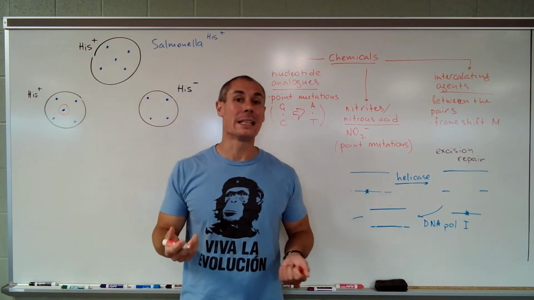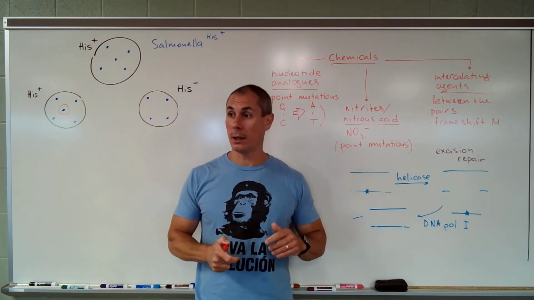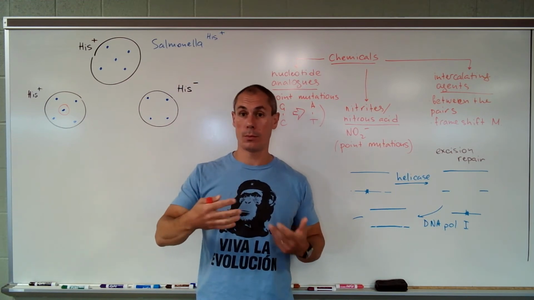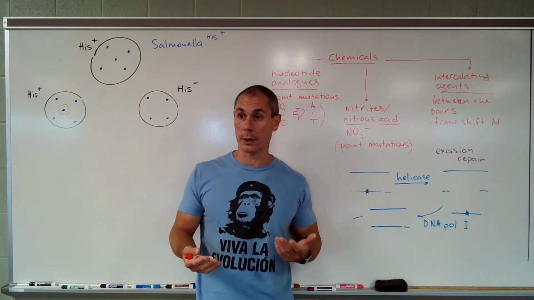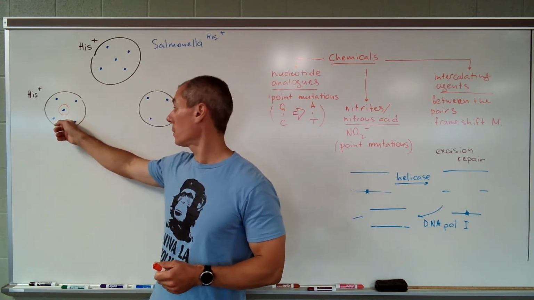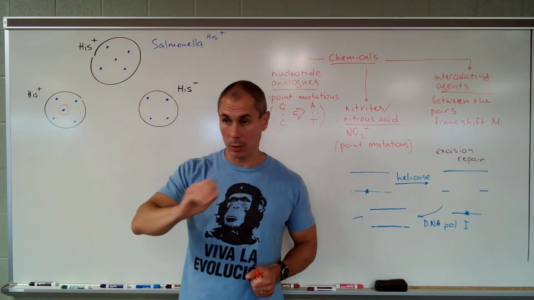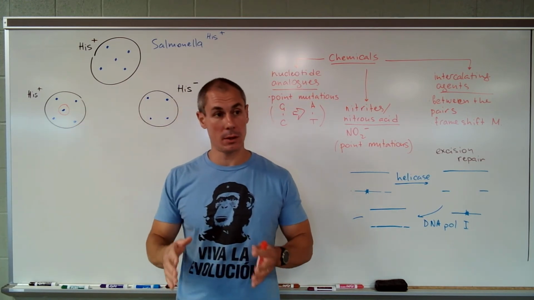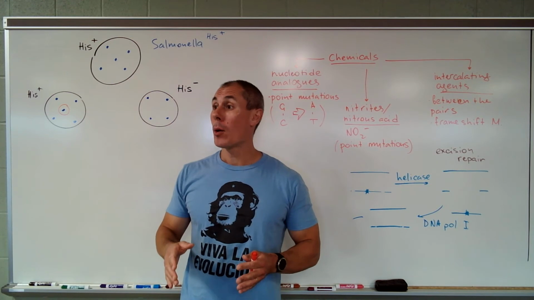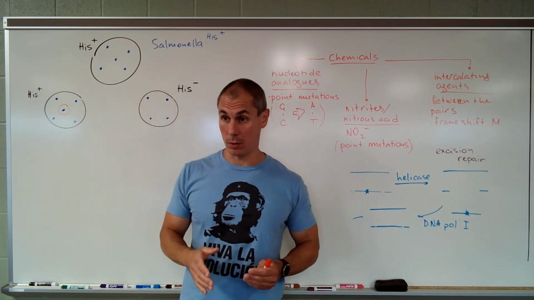So what is the uniqueness of that colony? I think about it in terms of nutrients that a microorganism needs to live. So the microorganisms in this colony can grow when histidine is present in the medium. But when histidine is absent, they can't grow.